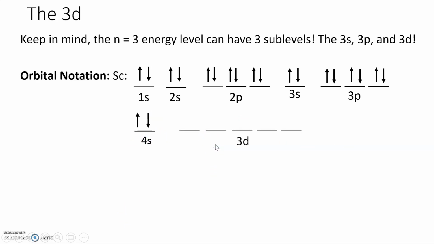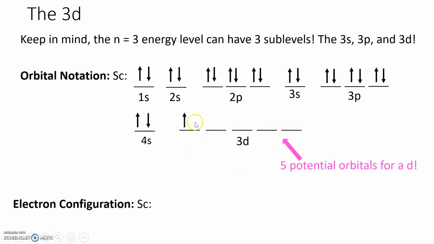Remember, there are 5 orbitals for the 3d. Kind of showed you in orange two slides ago. 5 potential orbitals, so we do have to draw all 5 of those blank lines. Scandium has just 1 electron in the 3d, so there he is, just 1 up arrow. Just like with the p, we would go up arrow, up arrow, up arrow, up arrow before partnering any of them up.